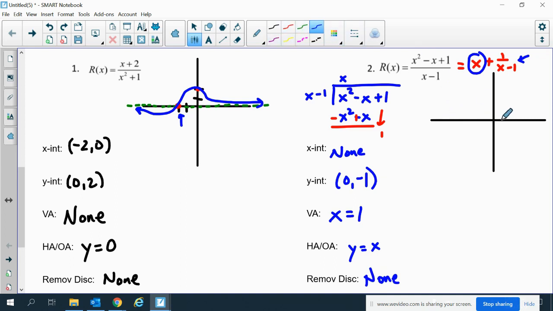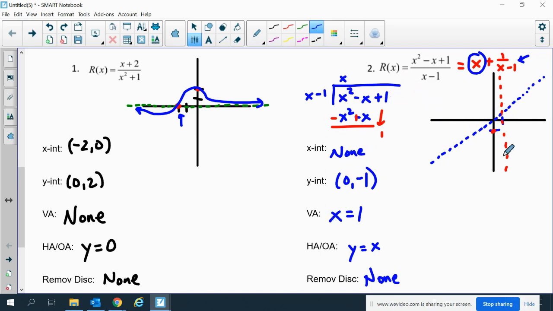So I have a vertical asymptote at x equals 1. I have the y-intercept at (0, -1). I have a horizontal asymptote, or I'm sorry, a slanted oblique asymptote, y equals x.